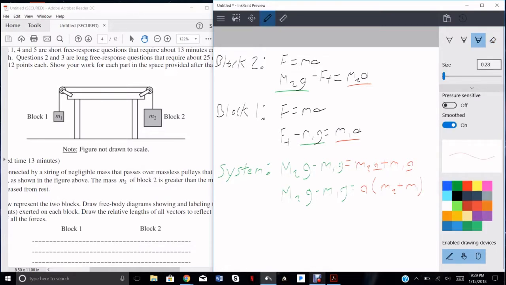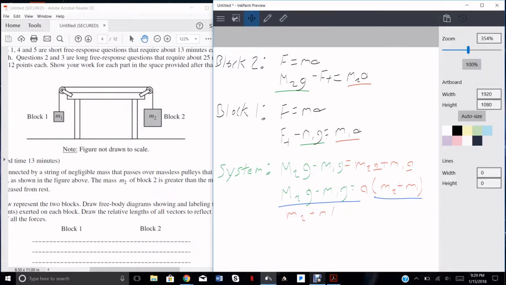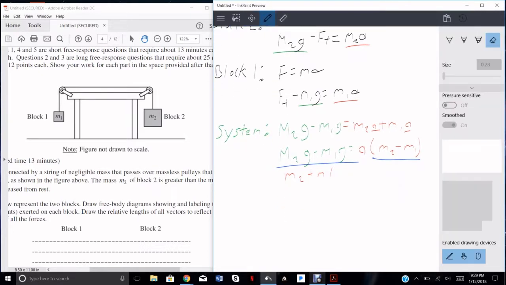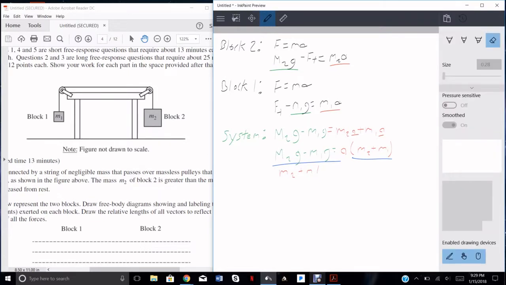And for the final step of this equation, to solve for A, we have to divide by m2 plus m1. This will give us our final answer.